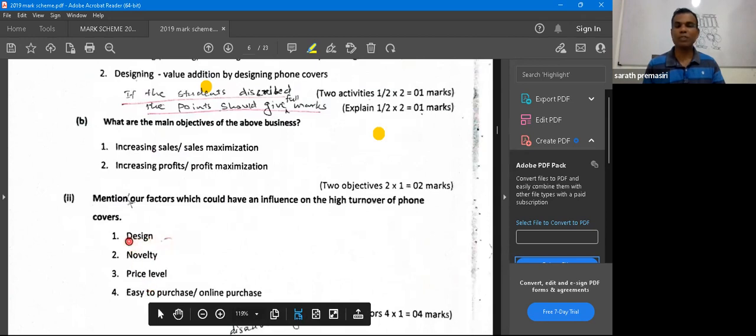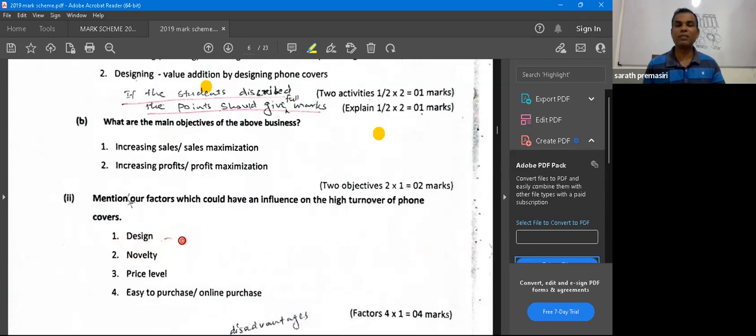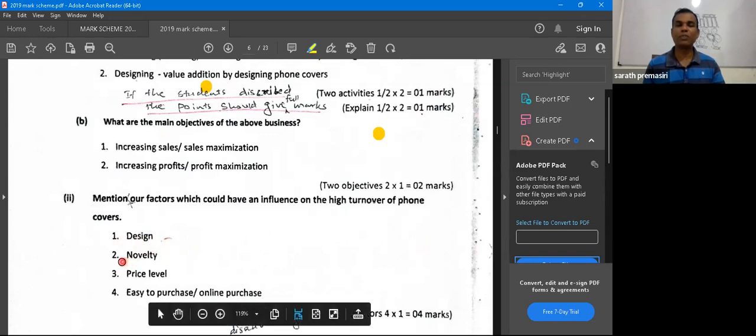Design, you see, new designs, novelty of her phone covers. Don't write only design, write it as new designs. Novelty of her phone covers.